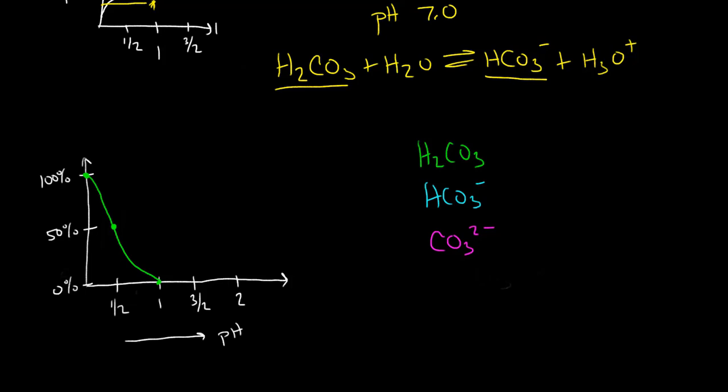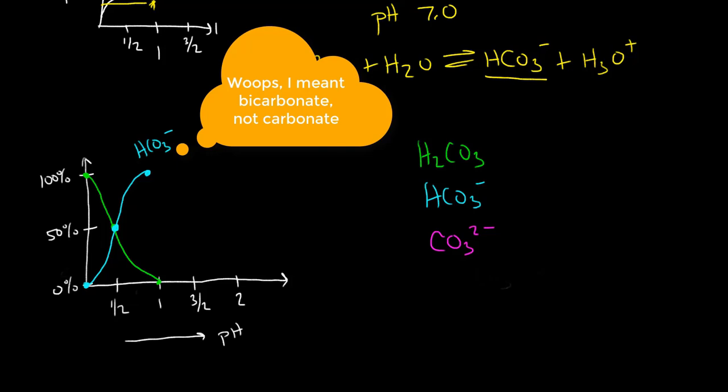Okay, let's think about the basic form of carbonic acid, bicarbonate. It starts at 0. It's at 50% abundance at the first half equivalence point, and we've completely converted carbonic acid to bicarbonate by the first equivalence point. So we have a mirror image of what was going on with carbonic acid. So at the first equivalence point, we have 100% bicarbonate, which is now going to serve as the acid.